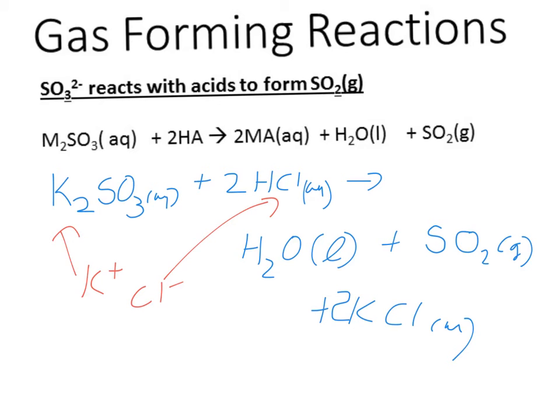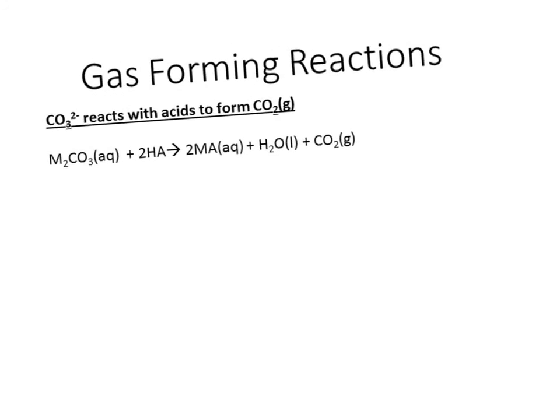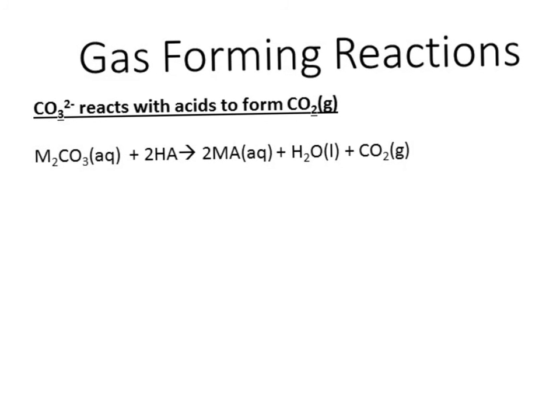We're going to see this exact same pattern one more time, and that's going to be when we have a generic metal carbonate reacting with an acid. We're going to form a salt, water, and carbon dioxide. Nearly identical to the very last reaction we looked at.